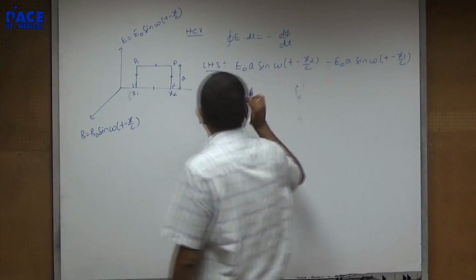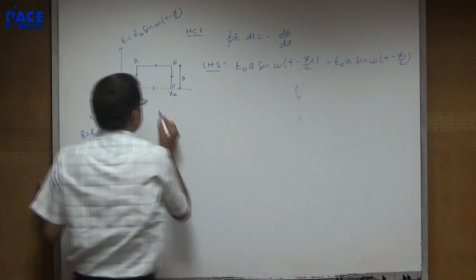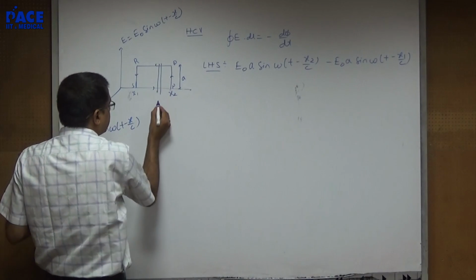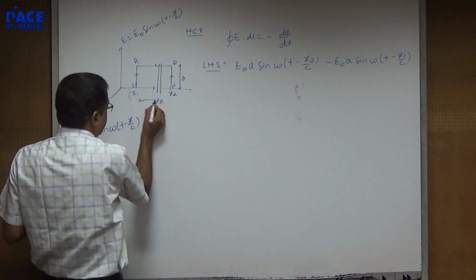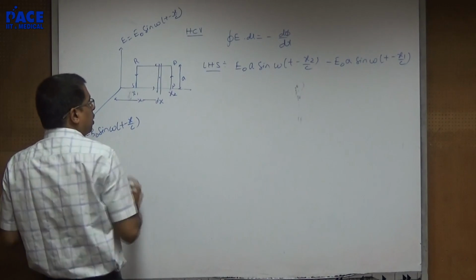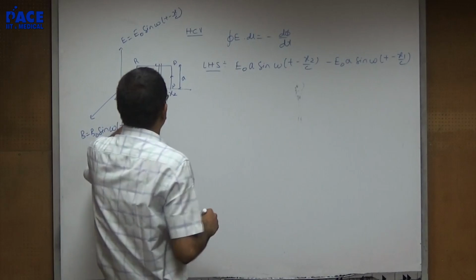Now listen. For RHS, the magnetic field is varying to the right. I consider an element dx at a distance of x. In this small element the magnetic field will be constant.